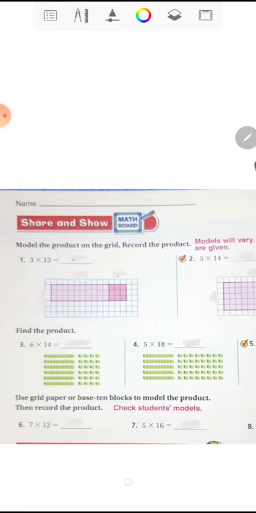So I will use the grid right here to draw a model. I will take only 3 steps right here, 3 steps, and the long side will be 13. Okay, 13 steps. I will use this rectangle to find the answer.